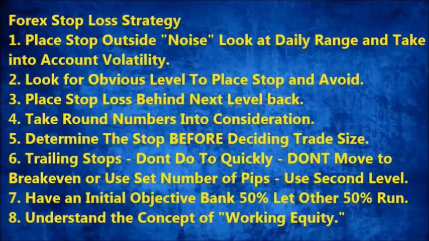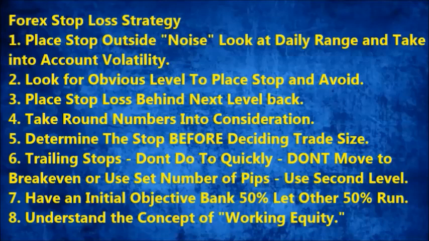They're psychological levels. They're easy to remember, of course, and institutions know that retail traders will put their stop on a round number, so they'll always try and run the price up to grab those stops. My rule of trading in terms of round numbers is, if I'm placing a stop, it's normally at least 30 pips back from the round number.